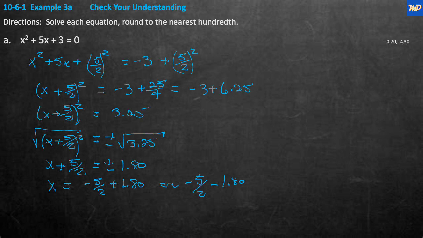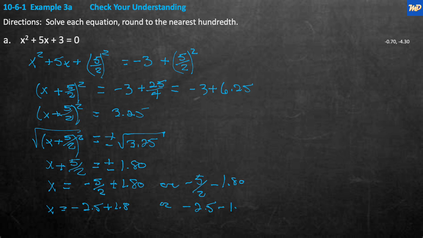And if we do that, 5/2 is 2.5. I think we can say that. So we can say that x is equal to minus 2.5 plus 1.8, or we can say minus 2.5 minus 1.8.